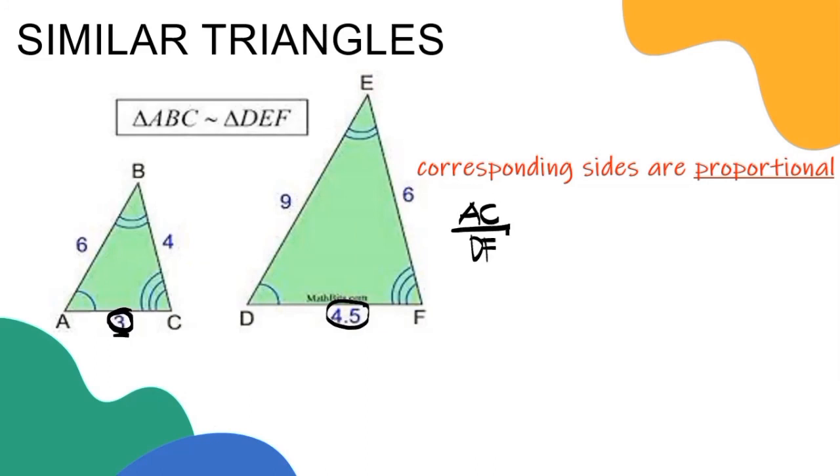The ratio of the smallest sides is equal to the ratio of the corresponding longest sides. So here, the longest side is AB on the first triangle. In the second triangle, it's DE. Okay?